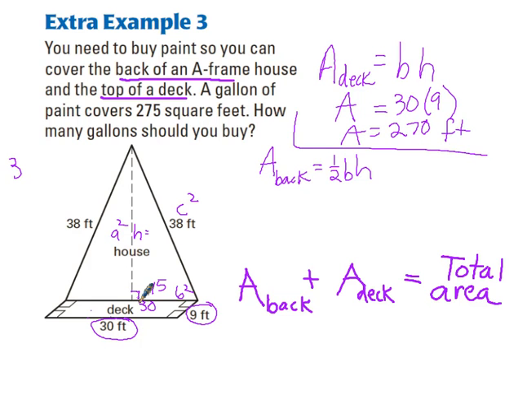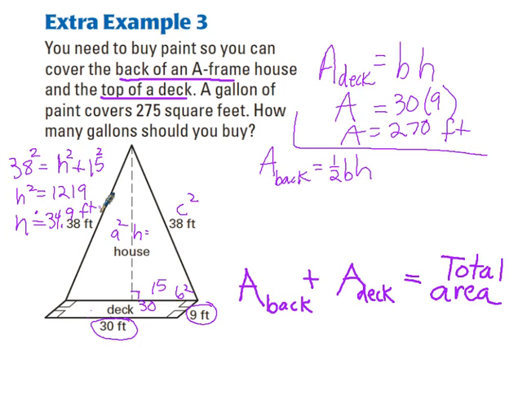So we have 38 squared equals h squared plus 15 squared. And when we solve that, we end up getting that h squared ends up being 1219, which makes h approximately 34.9 feet. So now we have enough information.